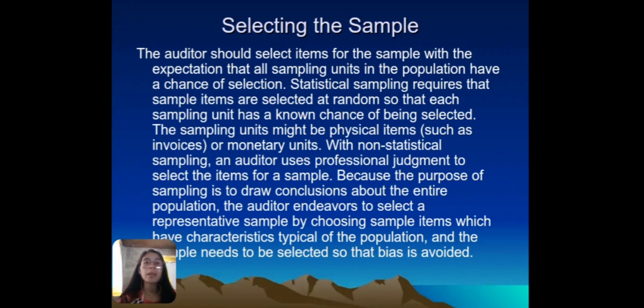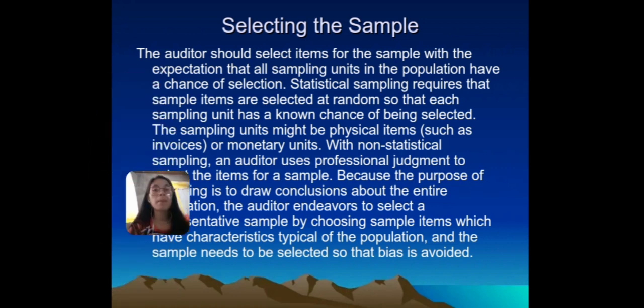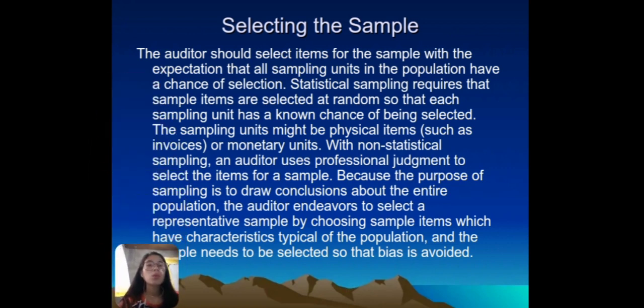In statistical sampling, naman, an auditor uses professional judgment to select the items because the purpose of sampling is to draw conclusions about the entire population. So the auditor chooses sample items which have the characteristics of the population, and the sample needs to be selected so that bias is avoided.